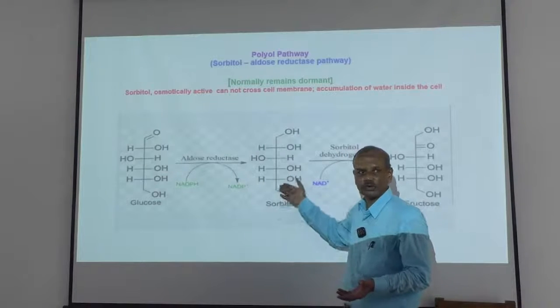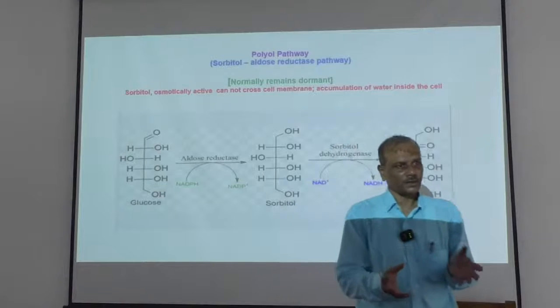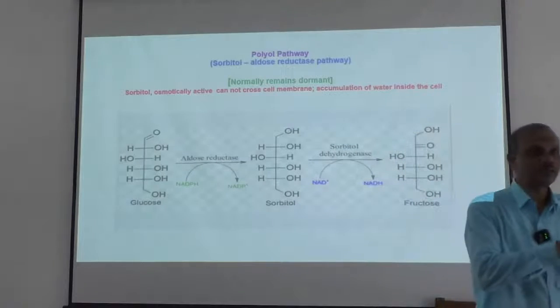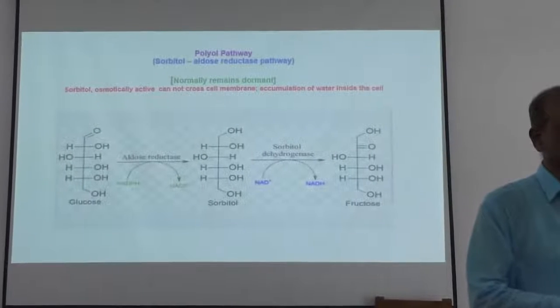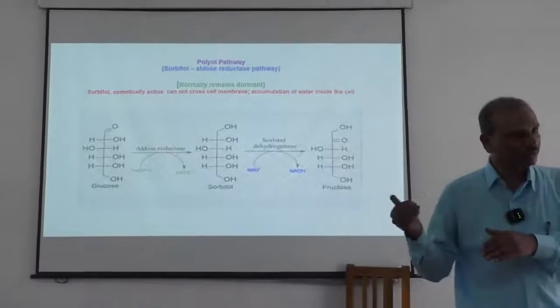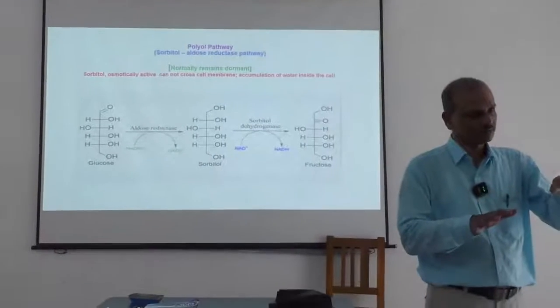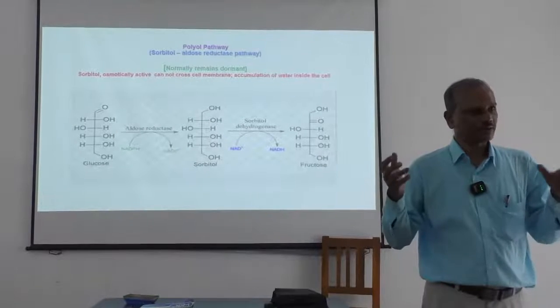This is an osmotically active substance, and that causes increased accumulation of water, not only in lens, but in every cell, and that is the cause of complications of diabetes. So if you regulate the blood glucose level, then this sorbitol formation will not be there, so complication will be less. That is the basic fundamental mechanism of damage and complications in diabetes.